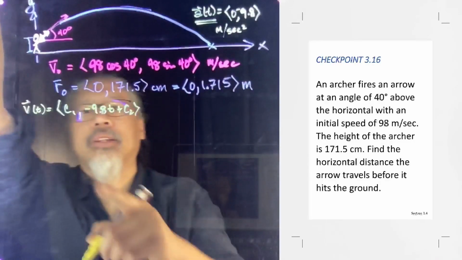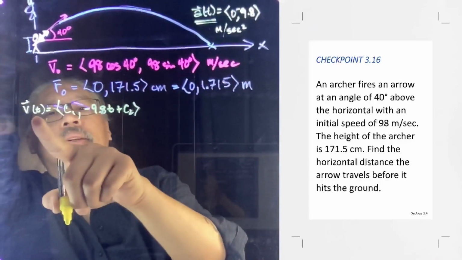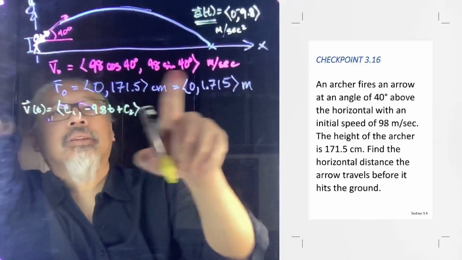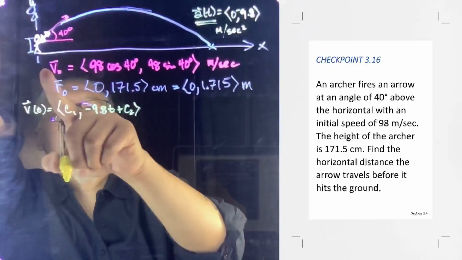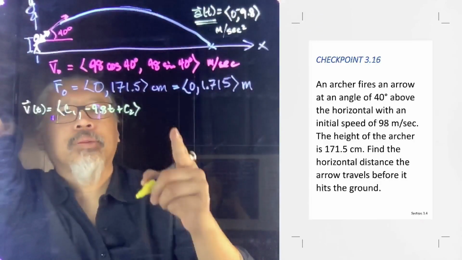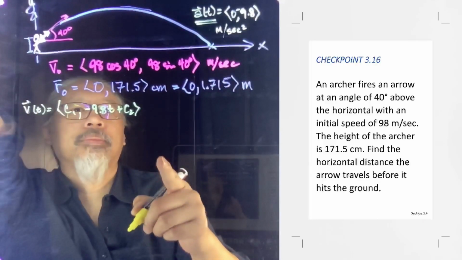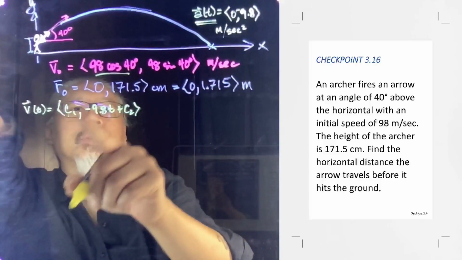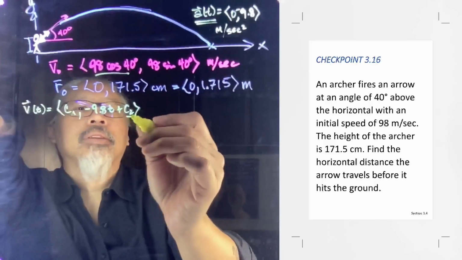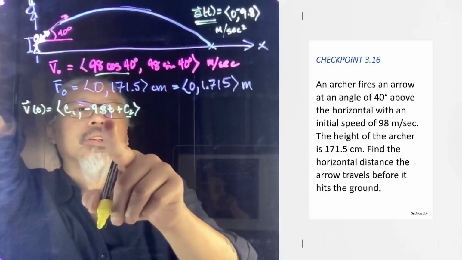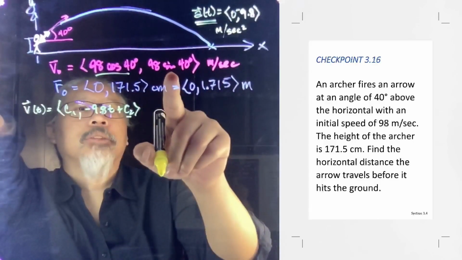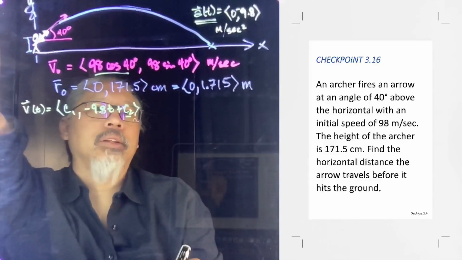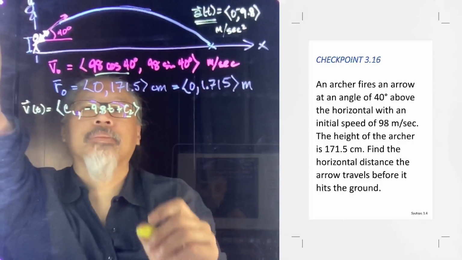Then we set t equal to 0 and set that equal to the initial velocity, because that's what happens when t is equal to 0. So C1 is equal to the first component, and because when t is equal to 0 this term disappears, C2 is equal to 98 times sine 40.